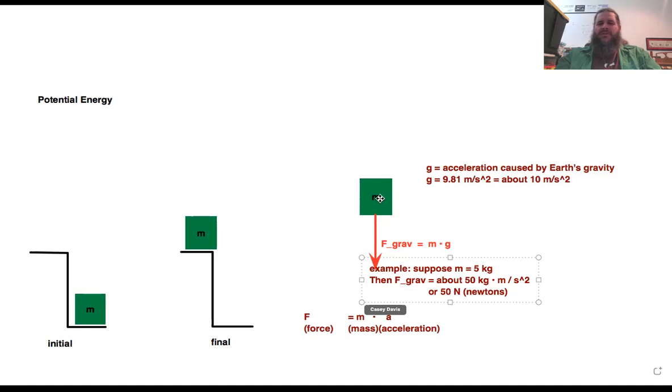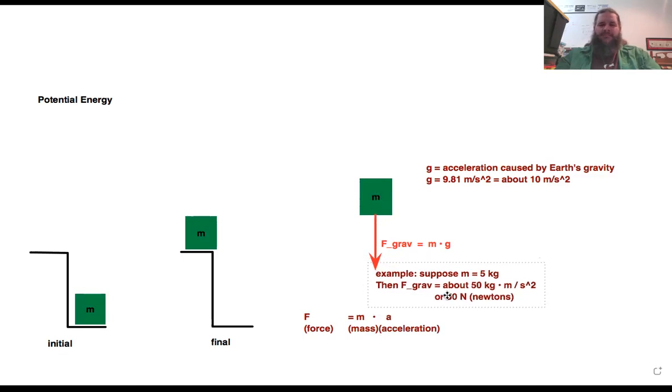What do you have to do with your hand to prevent the object from falling? Like if you're holding an object, why does gravity not make the object fall? What are you providing to counteract that force of gravity?